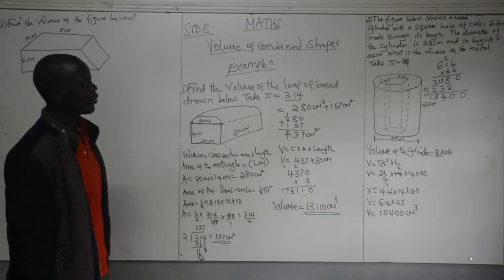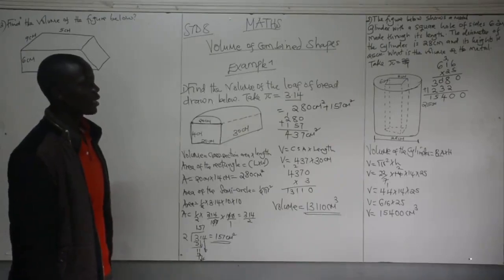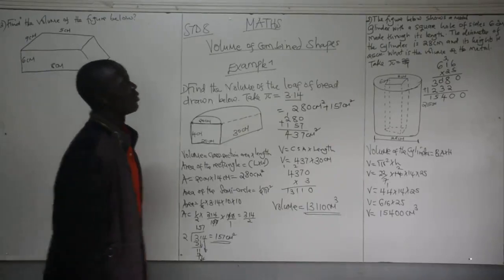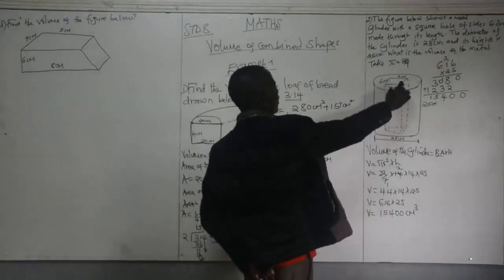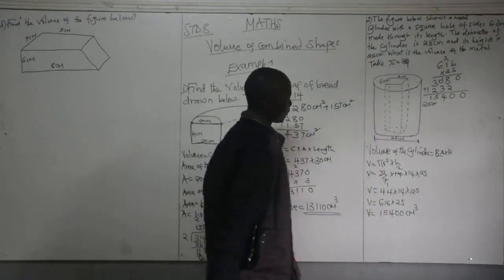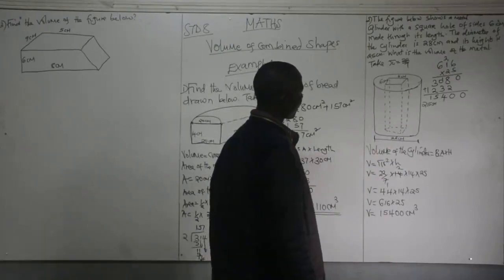Now let us get this. The question says we have a square hole of size 6 centimeters that has been made through this metal cylinder. Let us get the area of this square hole.